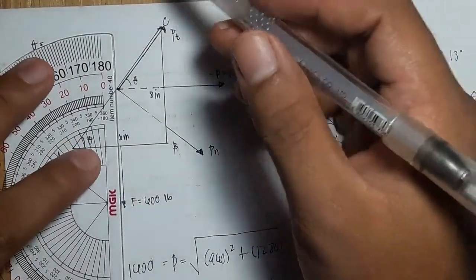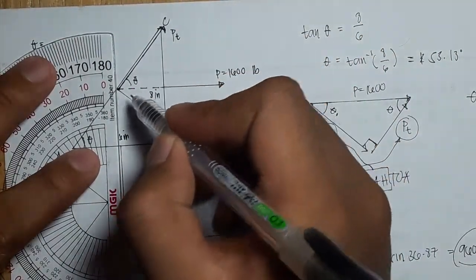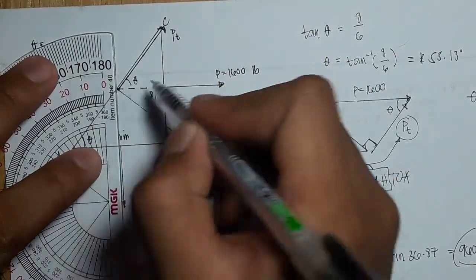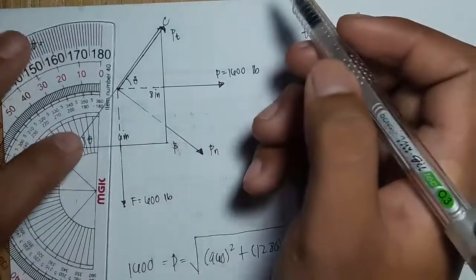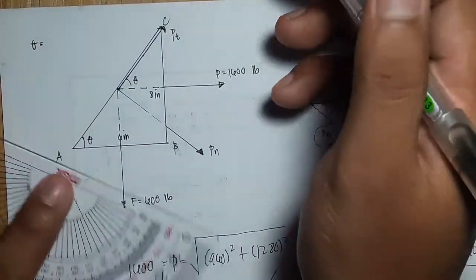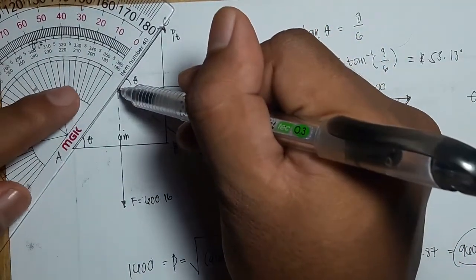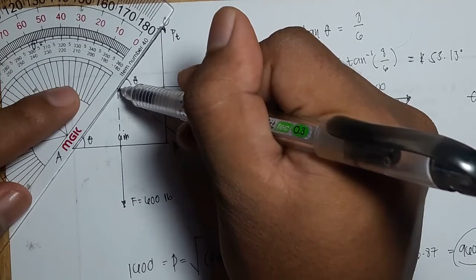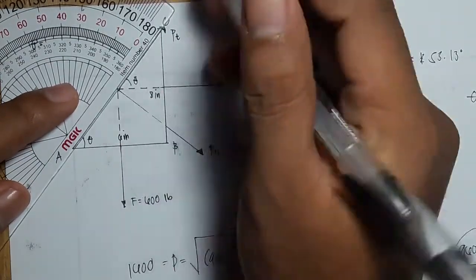Just like the previous force, we want to extend the force to the member AC, because the problem states that we are asked to solve for the force tangential to that particular line.